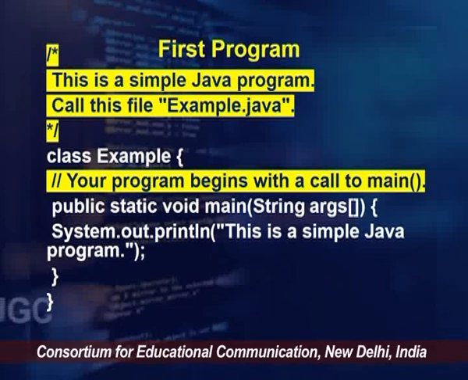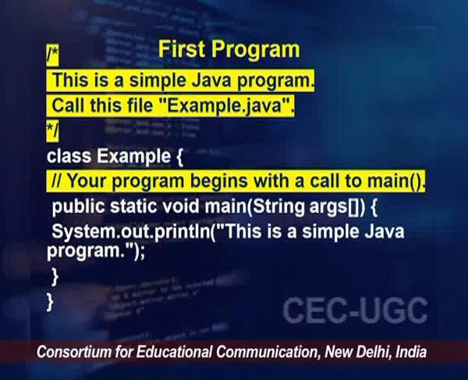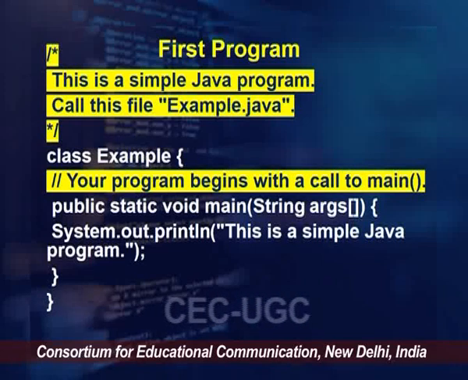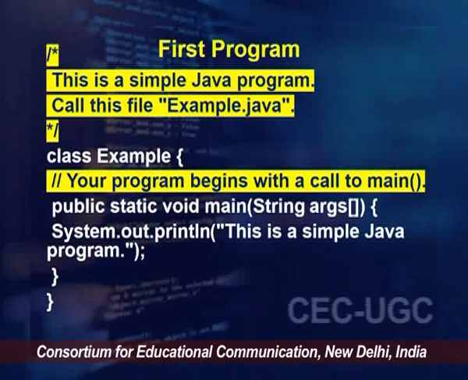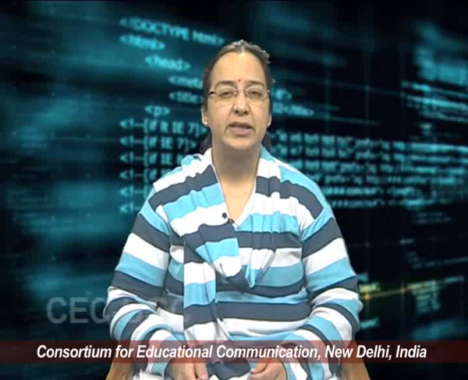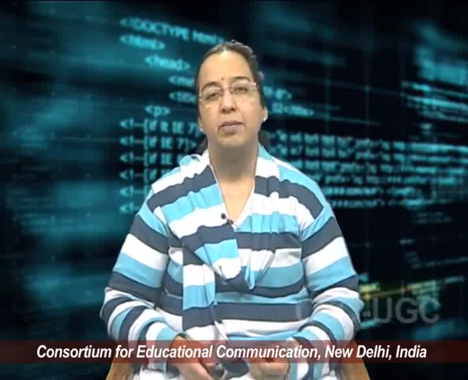Now coming to the next line which says public static void main, and within the brackets it says String args, and after args there are square brackets opening and closing, and this String args is being passed as a parameter to main.